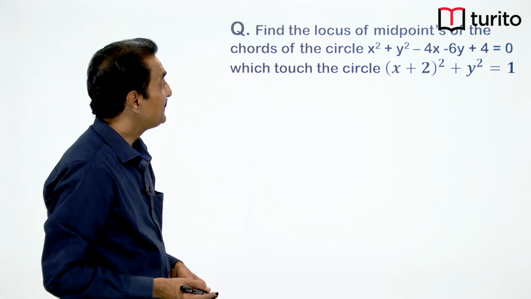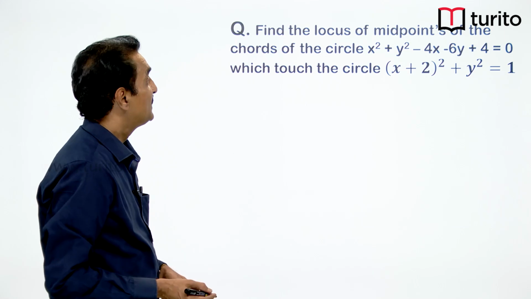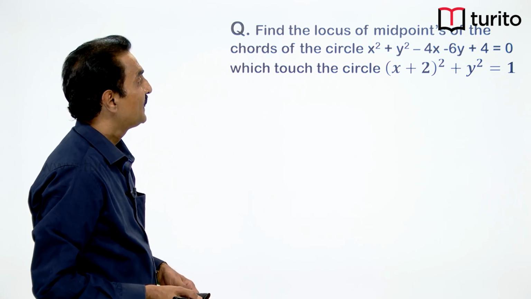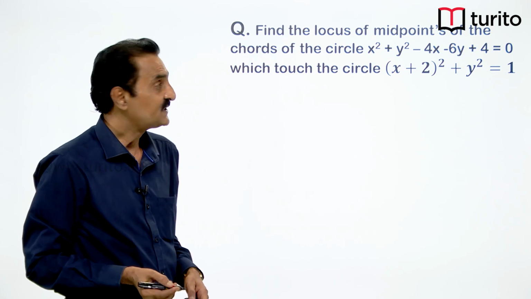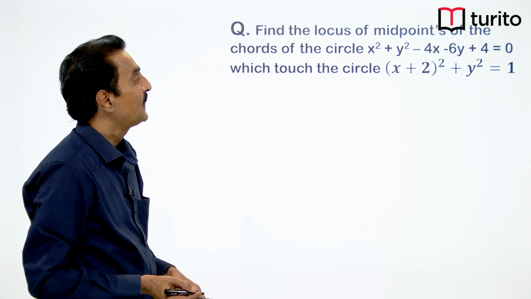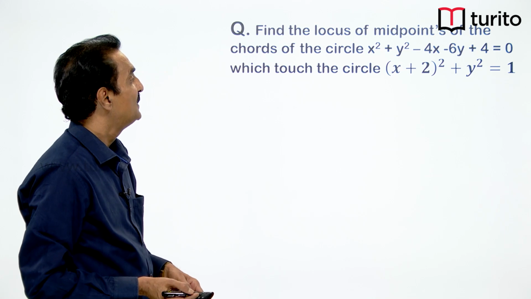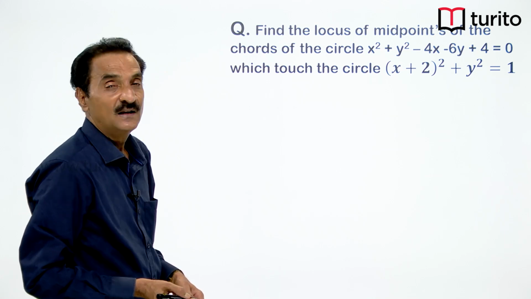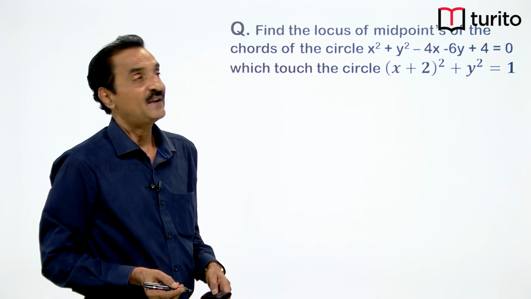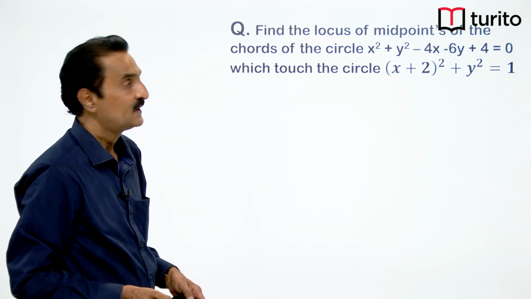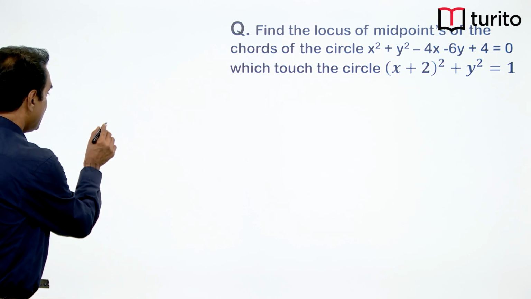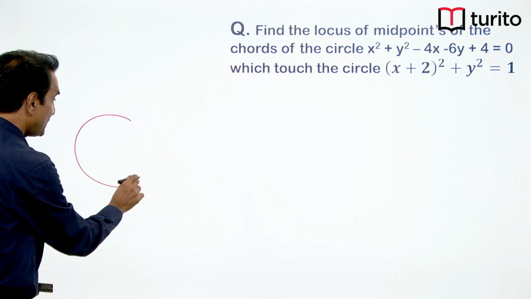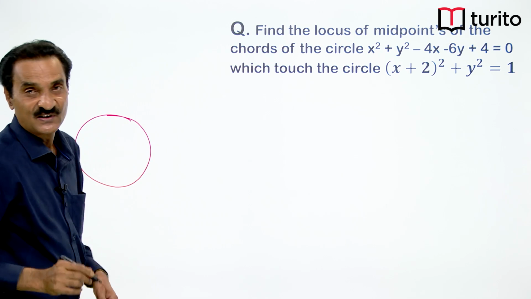Find the locus of the midpoint of the chords of the circle x square plus y square minus 4x minus 6y plus 4 is equal to 0, which touch the circle (x plus 2) whole square plus y square is equal to 1. So let us see the diagram. Suppose this is the first circle.